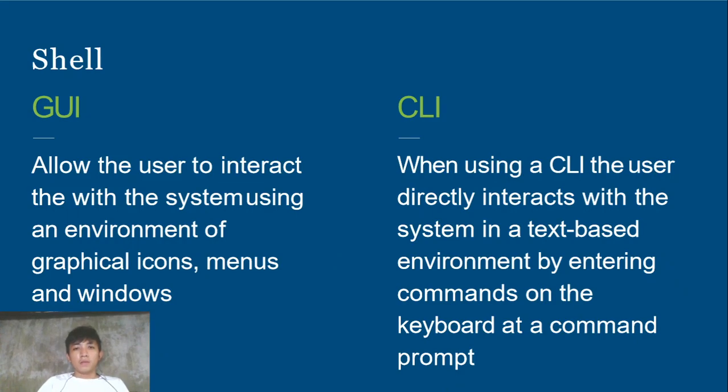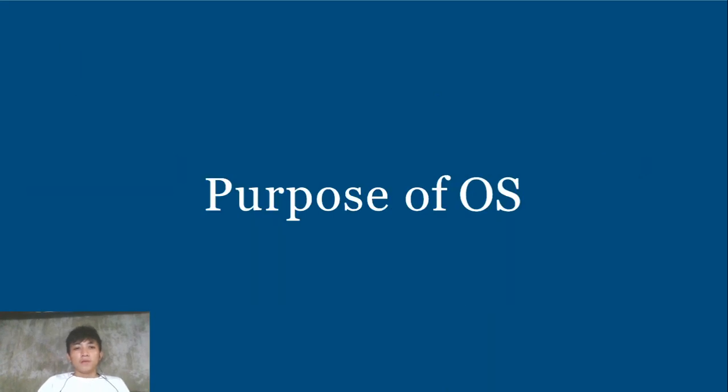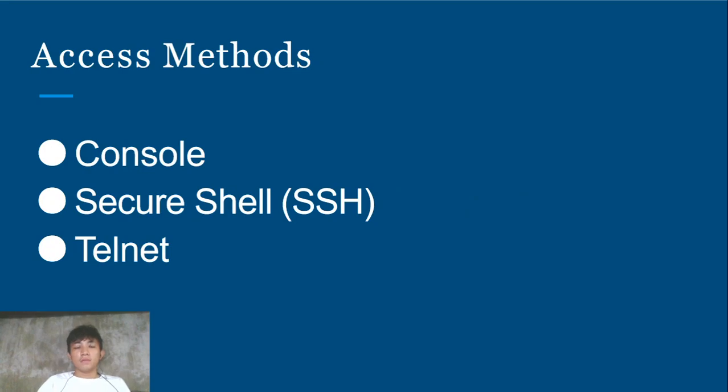So that's a big difference between the graphical user interface and the command line interface. The graphical user interface is very easy, while the command line interface is easy as well, but you directly interact with the system in a text-based environment, not like the GUI that has an environment of graphical icons, menus, and windows.